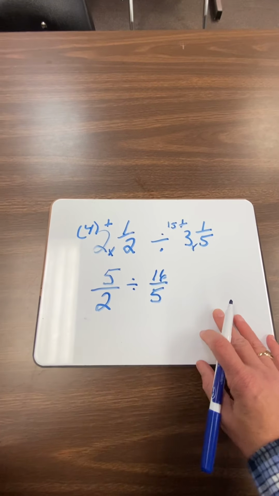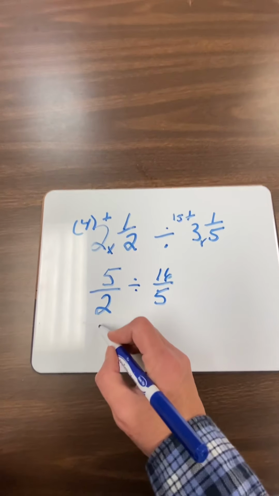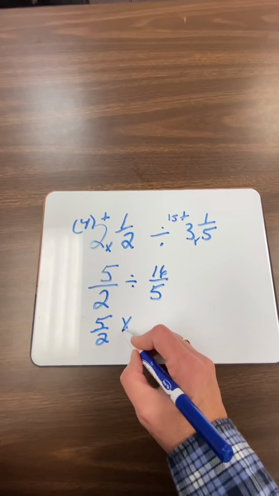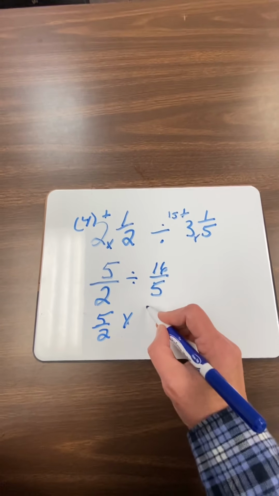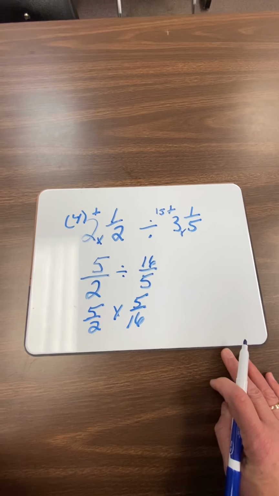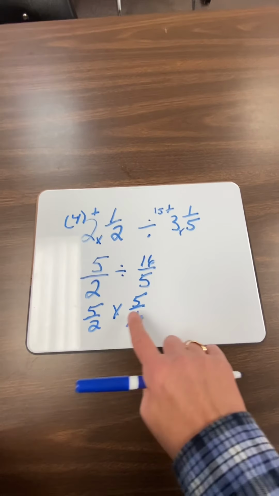Okay, so now, though, it's division. So we have 5 halves, divide goes to multiply, 16 fifths is going to go to 5 sixteenths. Okay, so nothing can reduce within the problem or cancel out.